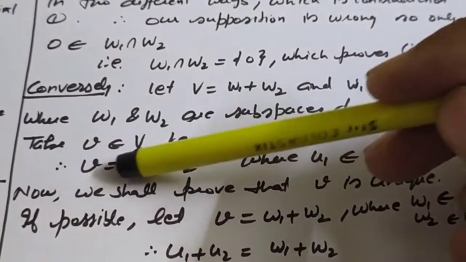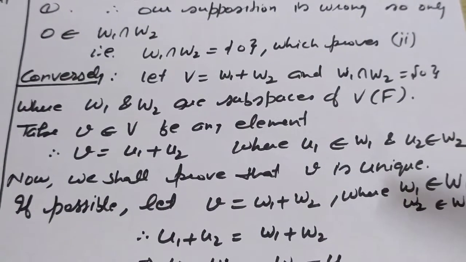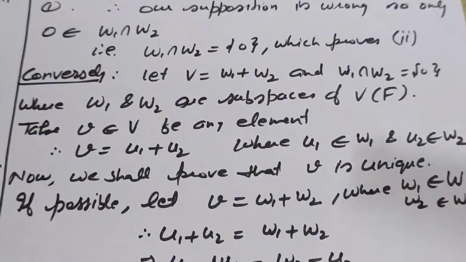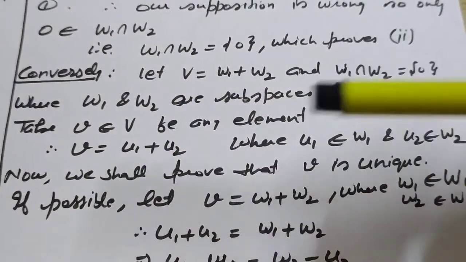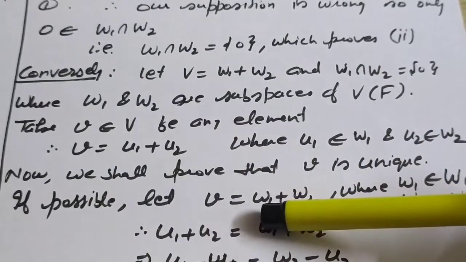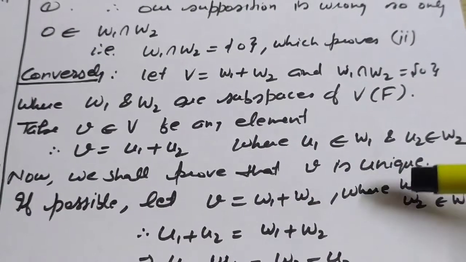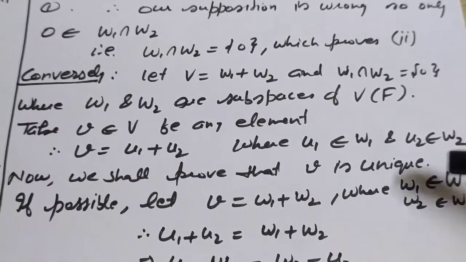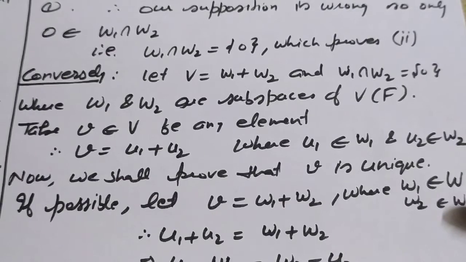In mathematics, we generally take a contradictory approach. If possible, let v be represented in some other way, that is w1 plus w2, where w1 belongs to W1 and w2 belongs to W2.